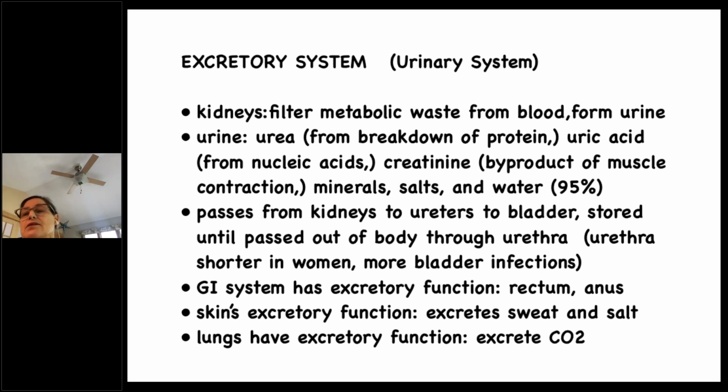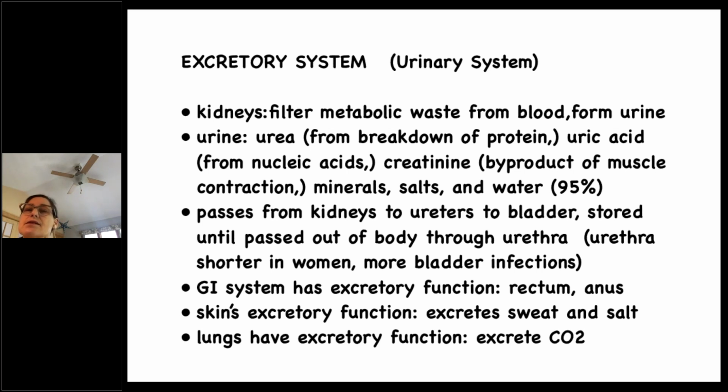Interestingly, the tube that goes from the bladder to the external out the body is called the urethra, and the urethra is shorter in women, and women get more bladder infections partially because of that.